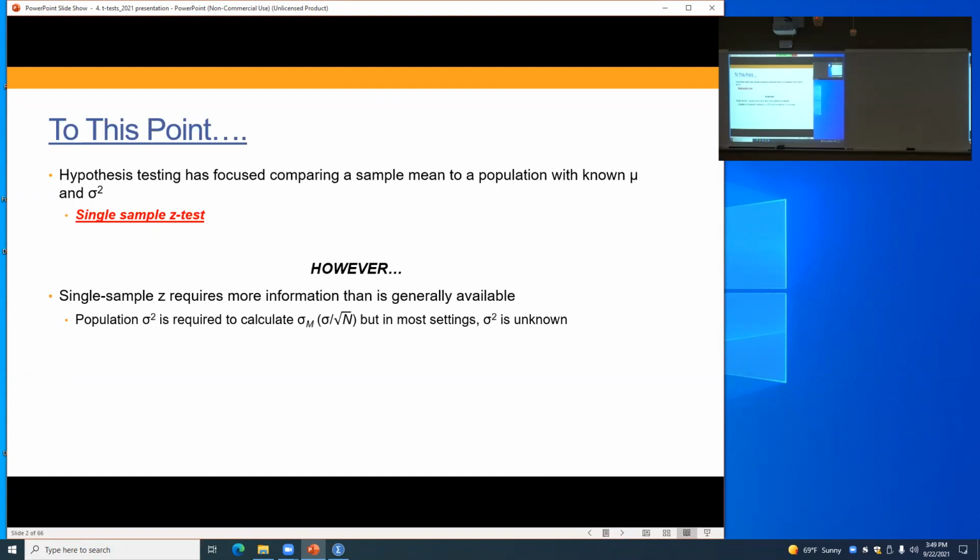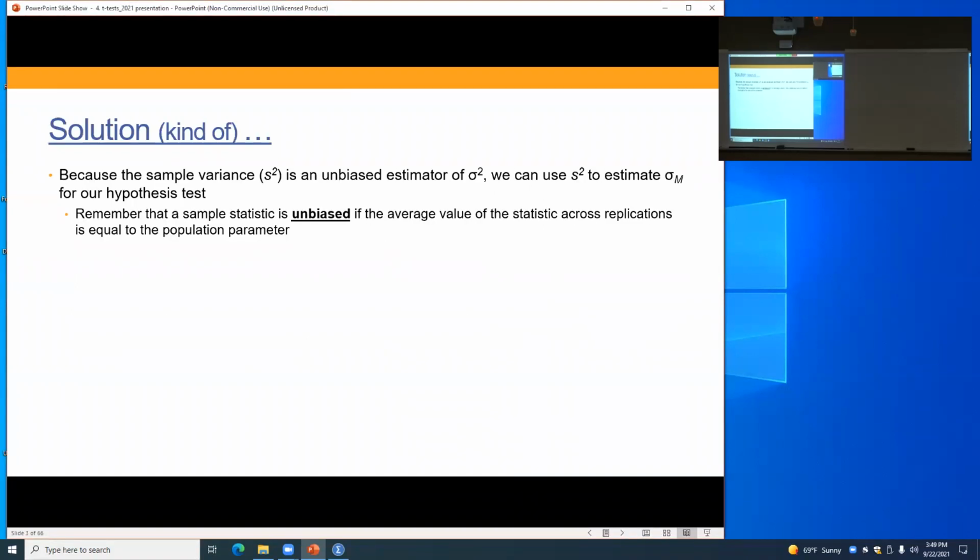So what do we do? The solution is that if we calculate our sample variance correctly, it is an unbiased estimator of the population variance. So we can use the sample variance to estimate our standard error of the mean for our hypothesis test.